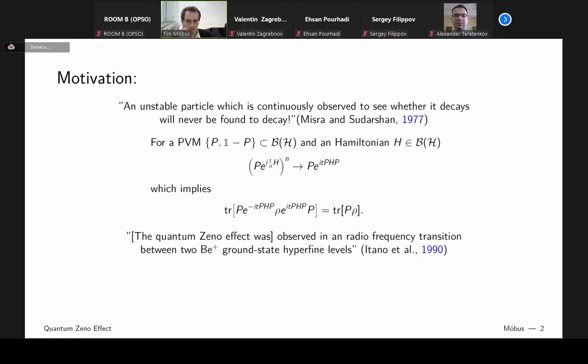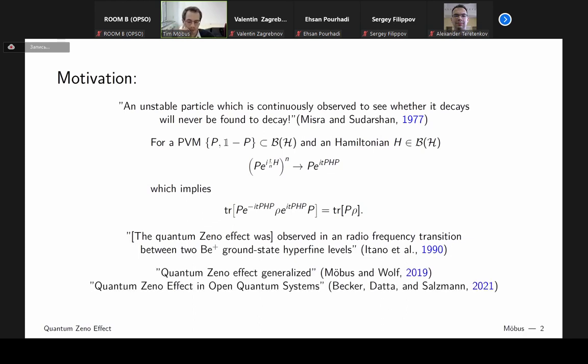So these are some of the most important results in this big area of the quantum Zeno effect. Of course, there are many other publications, but I will pick out two more, which are closely related to the project I will present today.